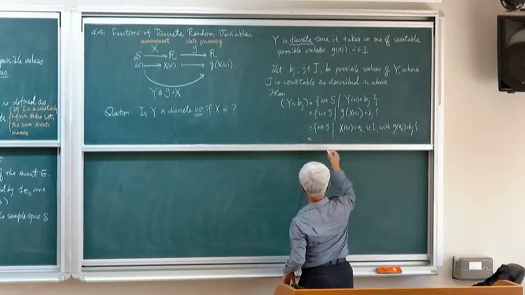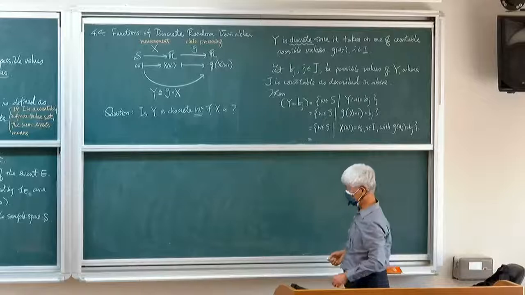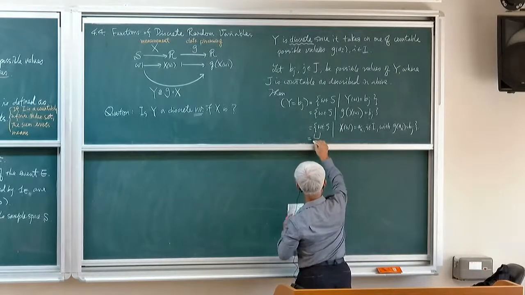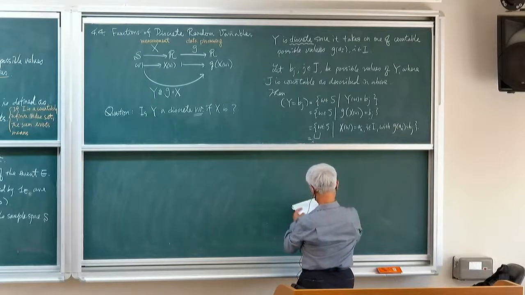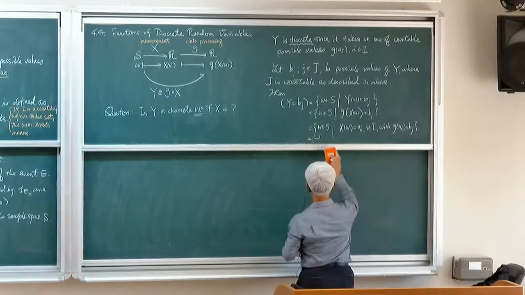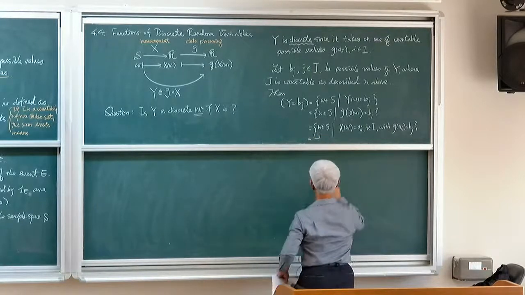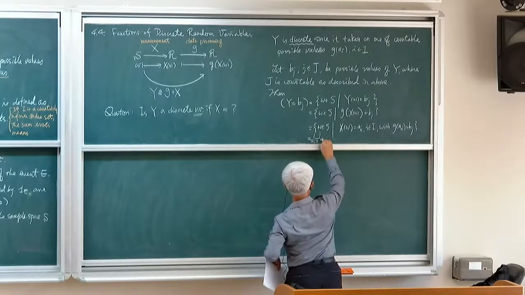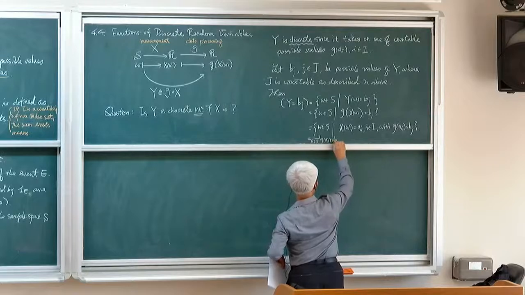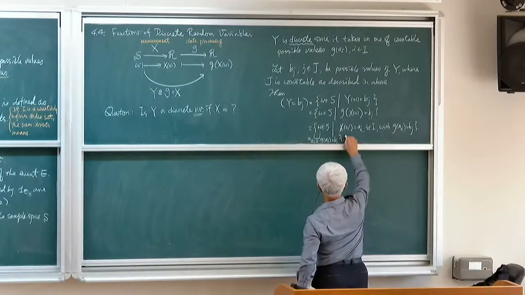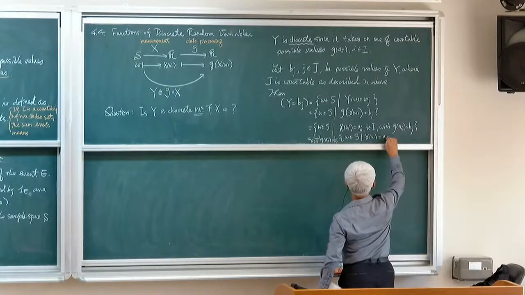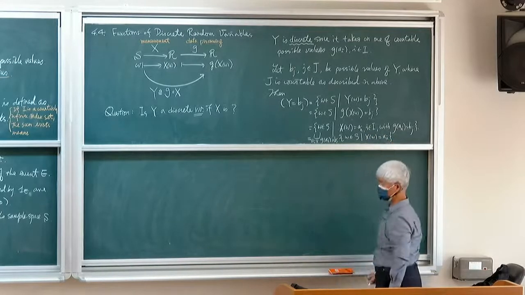Okay, and so what is that? So this is the union over i, so the union of possible a_i such that g of a_i equal to b_j. So you can write it in this way.